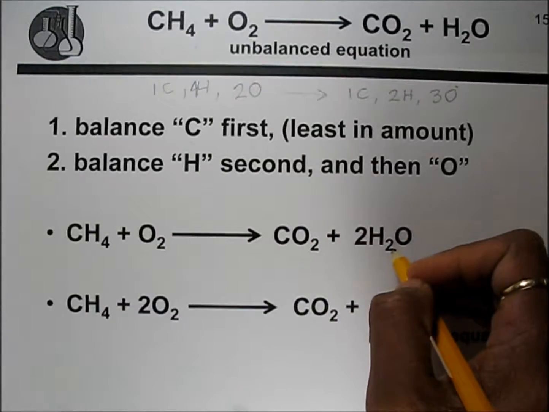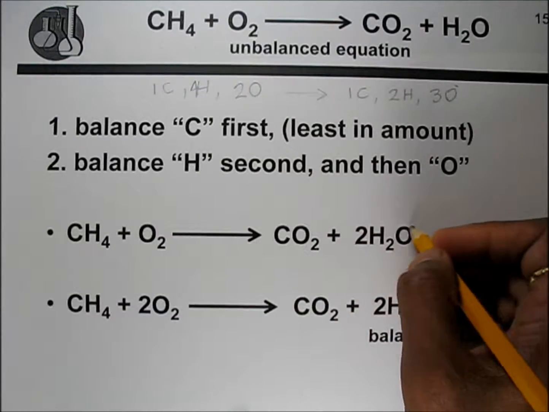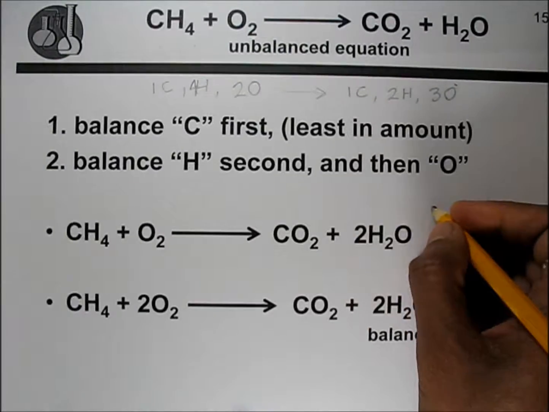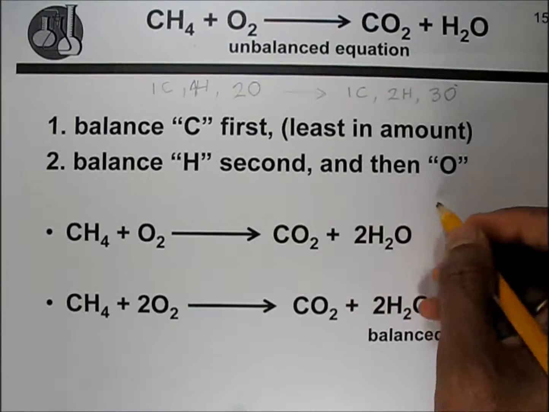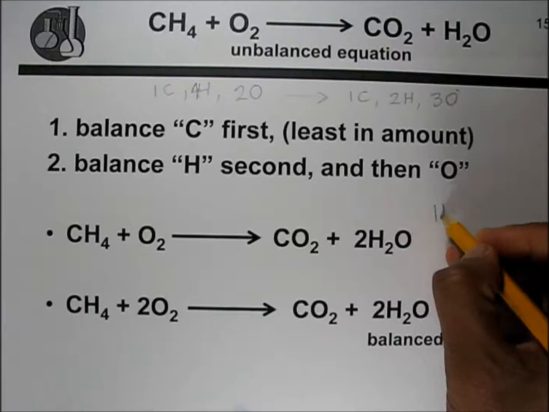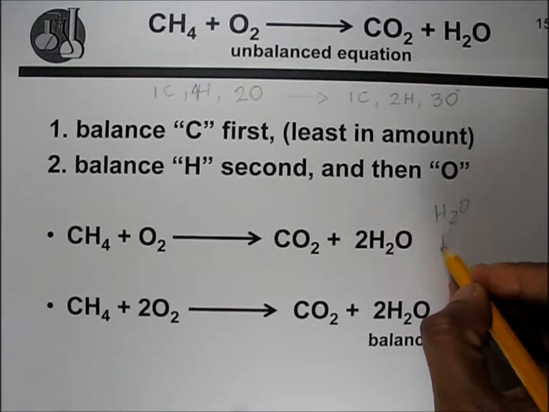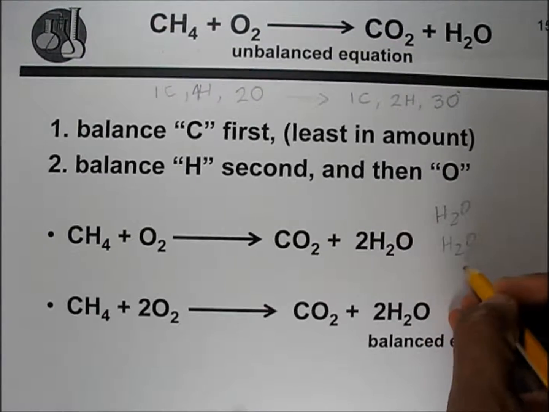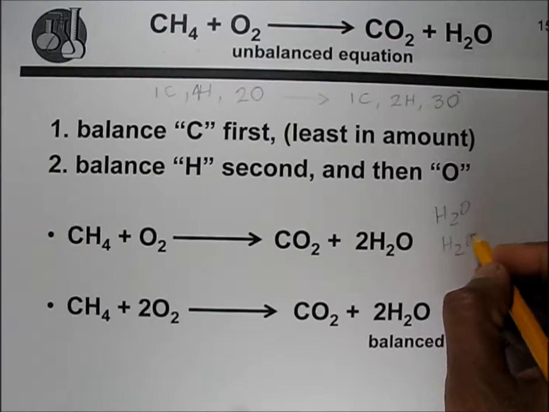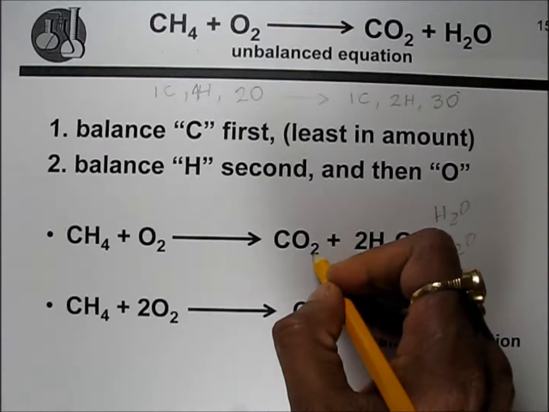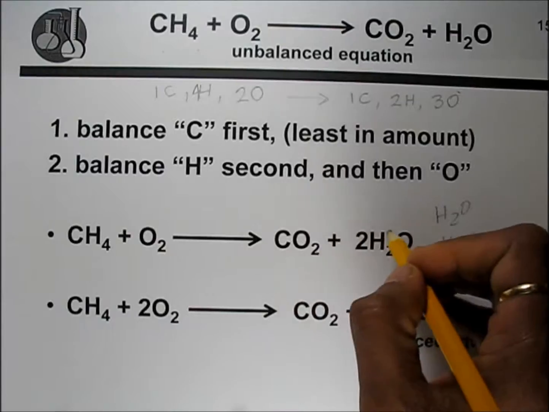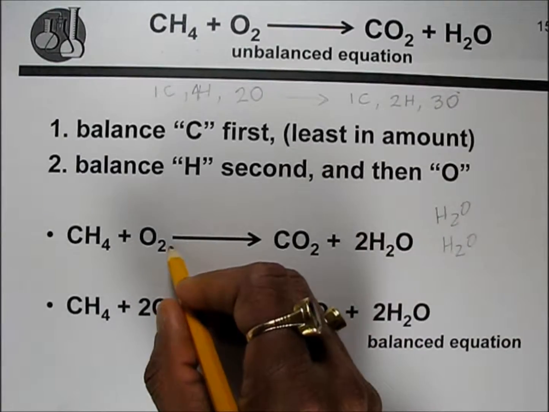Now we have to count how many oxygens are there. So this 2H2O means there are two water molecules, H2O and H2O. So there are 2 oxygen on this side and 2 oxygen on that, so total 4 oxygen. But here is only 2 oxygen.